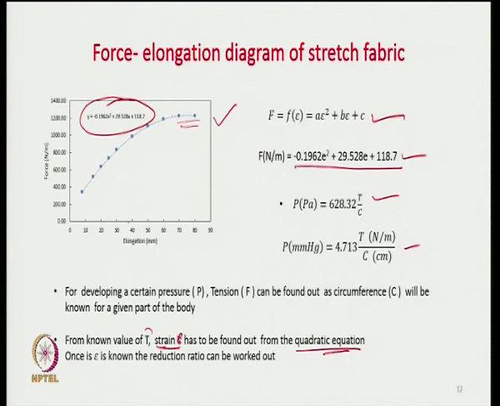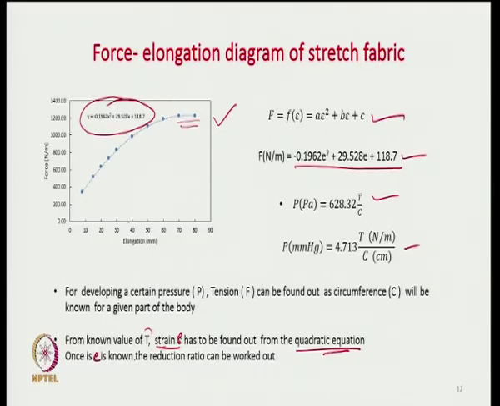So, if we know the F value, then we need to know how much elongation is required to develop that much force in the fabric. Once this e is known, the reduction factor ratio can then be found out easily. First of all, this equation basically characterizes the load elongation diagram of a stretch fabric.